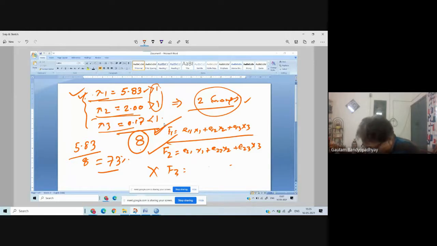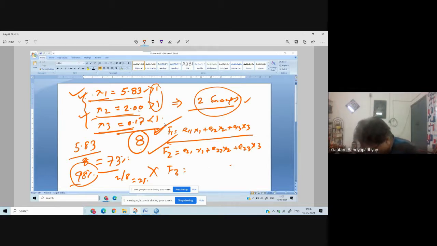How much is explained by the second factor? 2 divided by 8 is 25%. If you take the sum, 73% plus 25% gives 98%. Instead of 100%, explaining 98% is very good, and not only that, one factor is reduced.